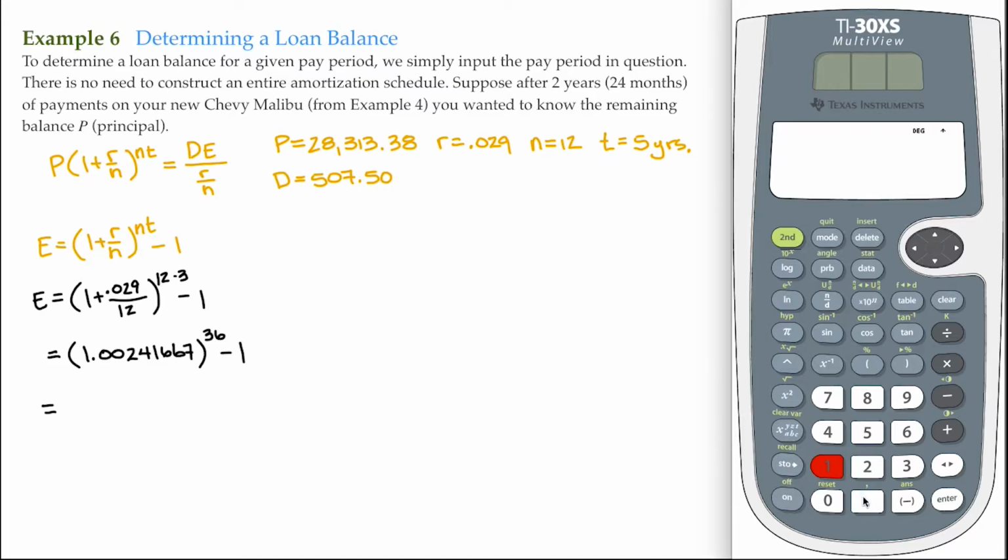So we do 1.00241667, raise that to the 36th power, and then subtract 1. So E is 0.09078232.